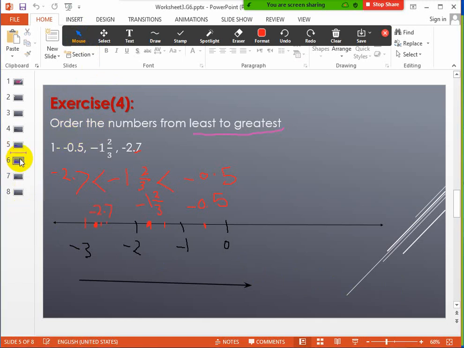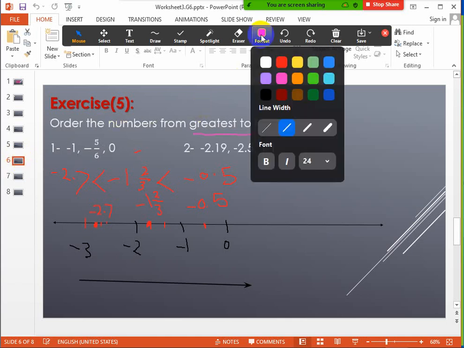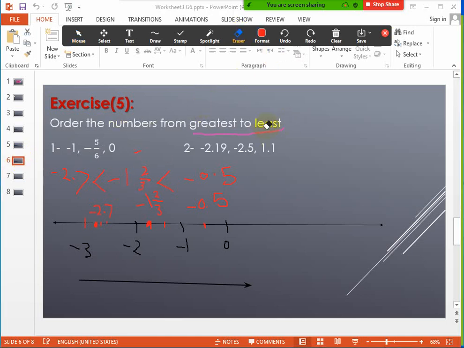Okay, let's move now to the next one. Now I want to order those rational numbers from the greatest to the least. Now let's see the opposite strategy.